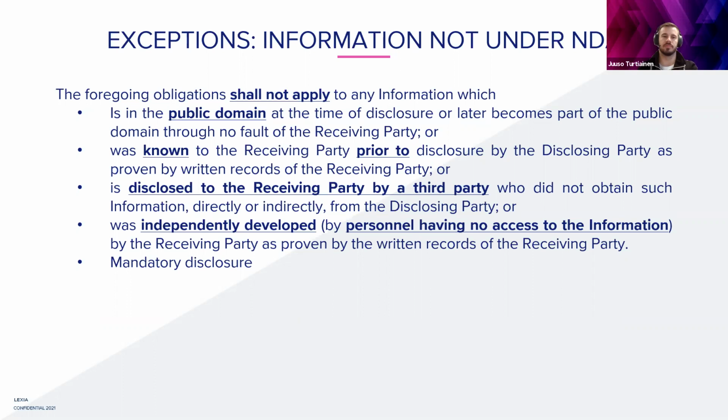Especially, it is good to define here that it hasn't come into the public domain by the other party essentially leaking the information to the public. But if it is already in the public domain, it should really not be covered under the NDA. Also, where the information was known to the receiving party before the actual business relationship or the NDA discussions have gone forward, these are often seen as exemptions.